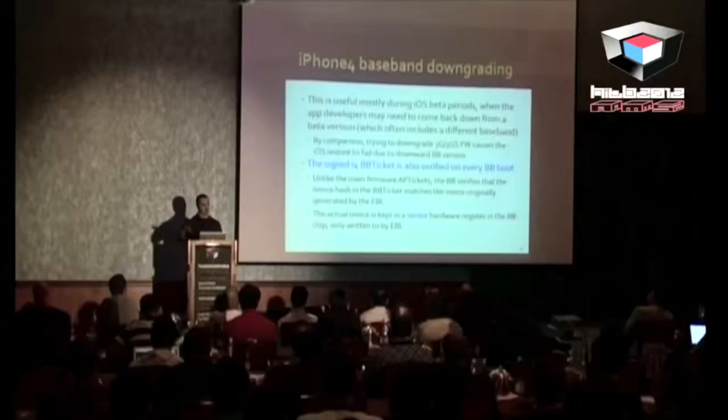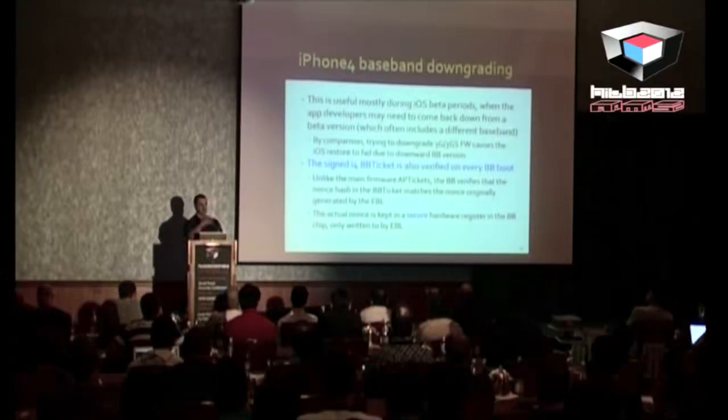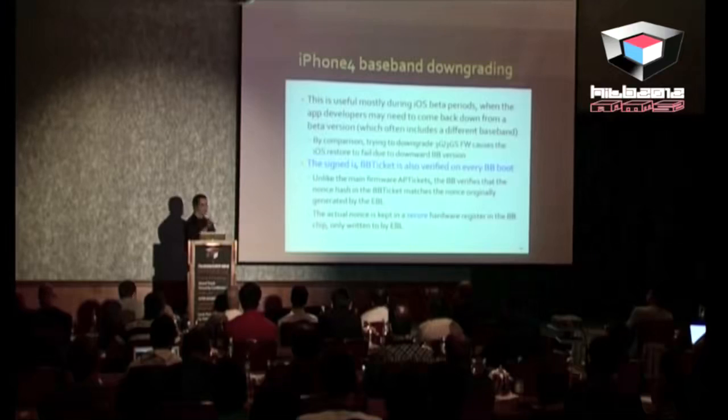There's one place where they do check that on the AP side, but then at that point they stop caring. Baseband is not like that. The baseband has some way of storing the original randomness that it put in the request, and it checks it every time. It verifies not only that the ticket is signed correctly and integrity is matched, but that the field that contains the nonce matches the nonce that was used that one time during the restore.